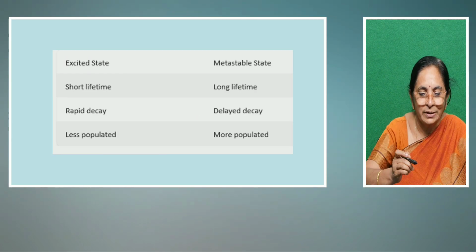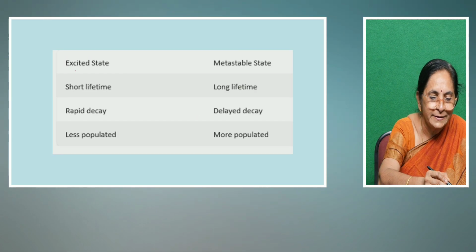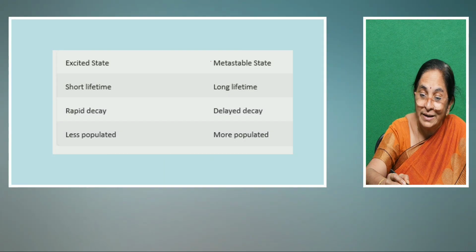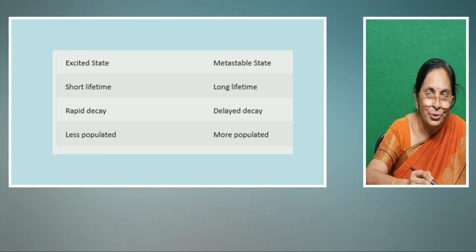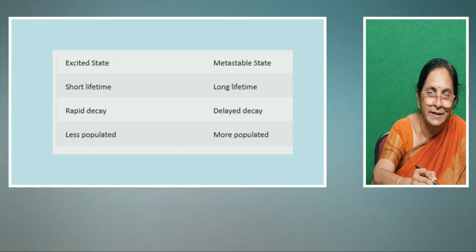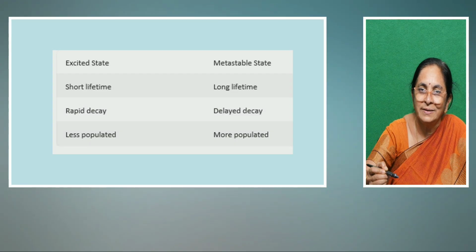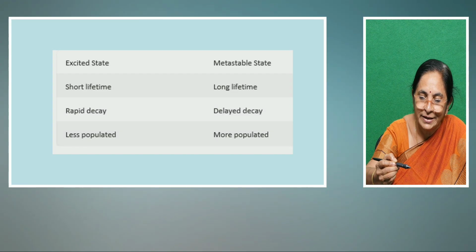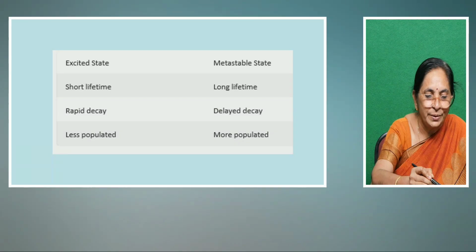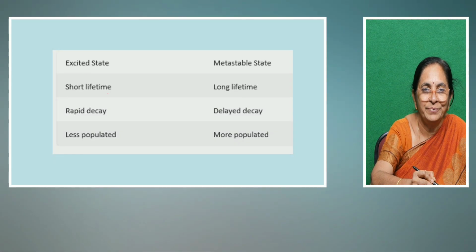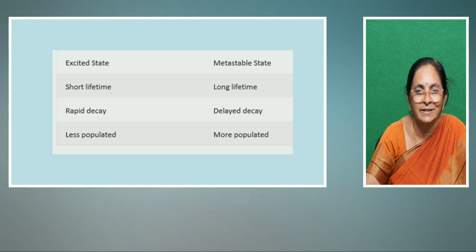Yes, a small comparison: normal excited state and metastable state. When there are no impurities, you have the ground level and the excited state only. When there are some impurity atoms in the active medium, you have the excited state and the metastable state also. In the excited state, the life of atoms is short, 10 power minus 8 seconds.